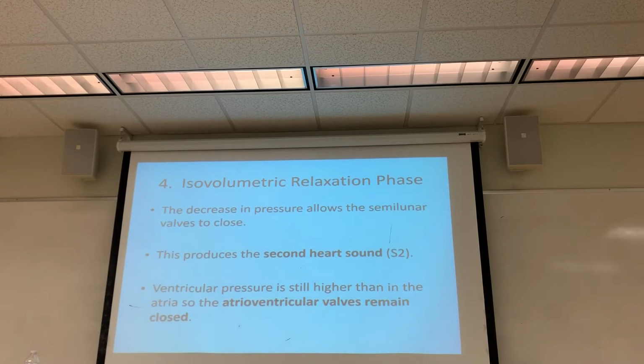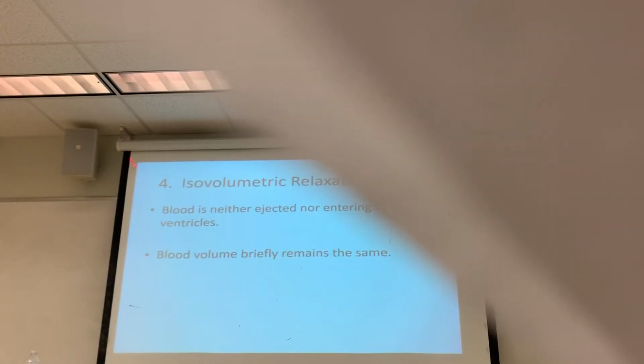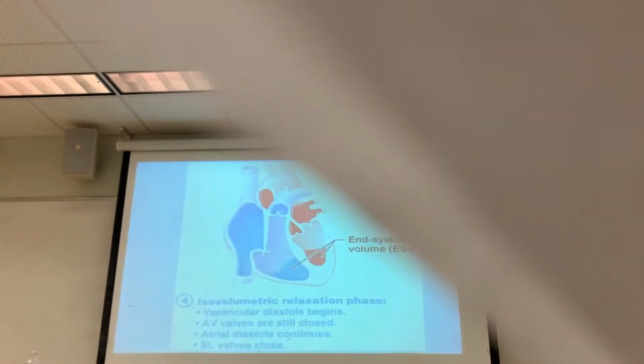At the beginning, yes, it will close the AV as well, but after a while, when the atria squeeze or contract, the AV valves will open and fill up the ventricles again. Okay? So the blood is either ejected or entering in this kind of isovolumetric. That's why it's called isovolumetric. So iso is same.